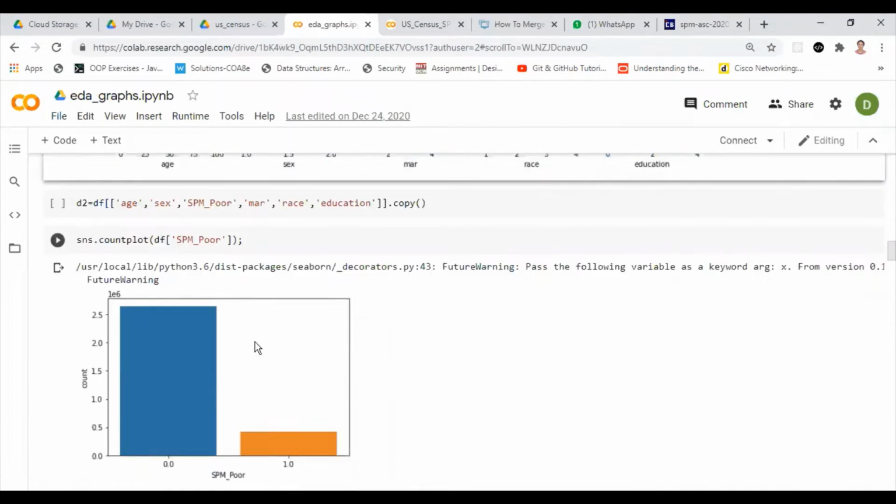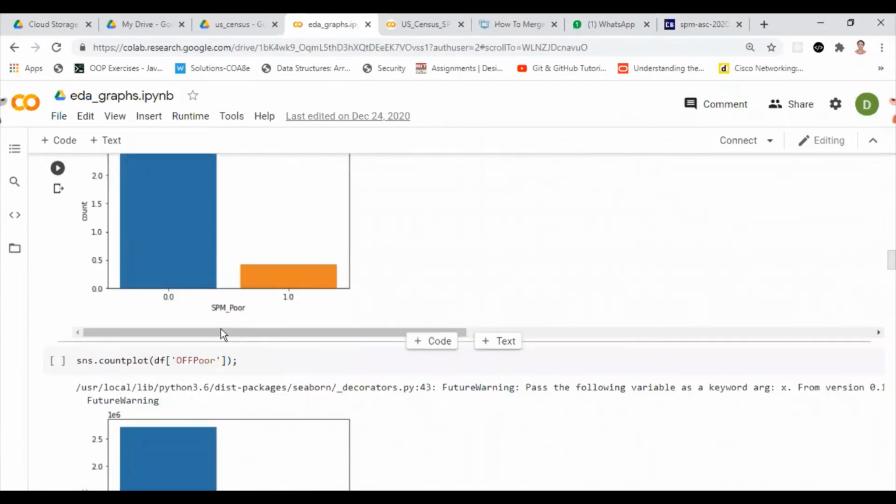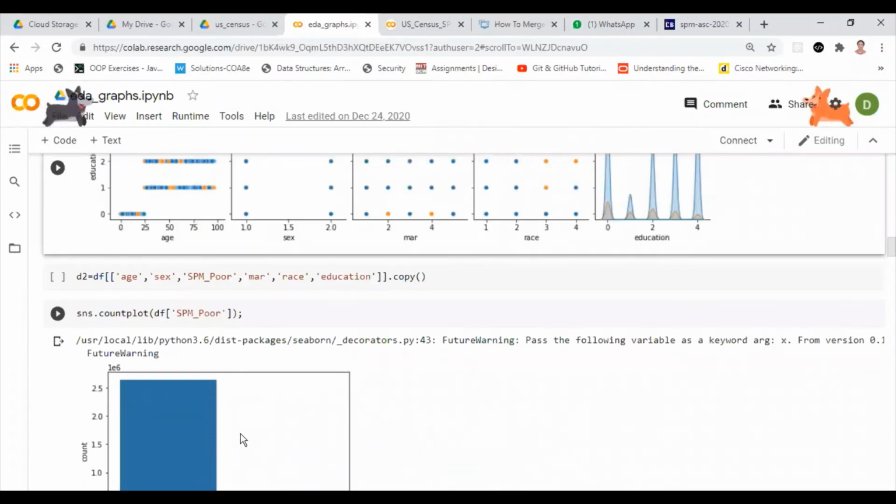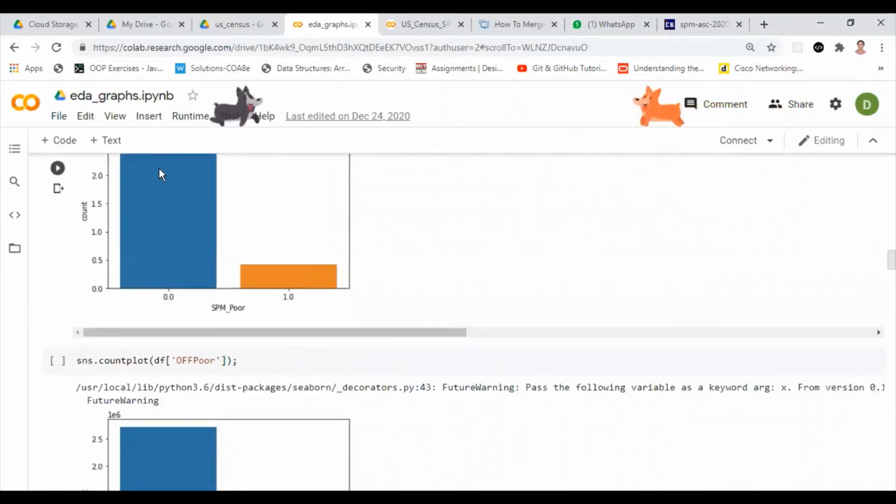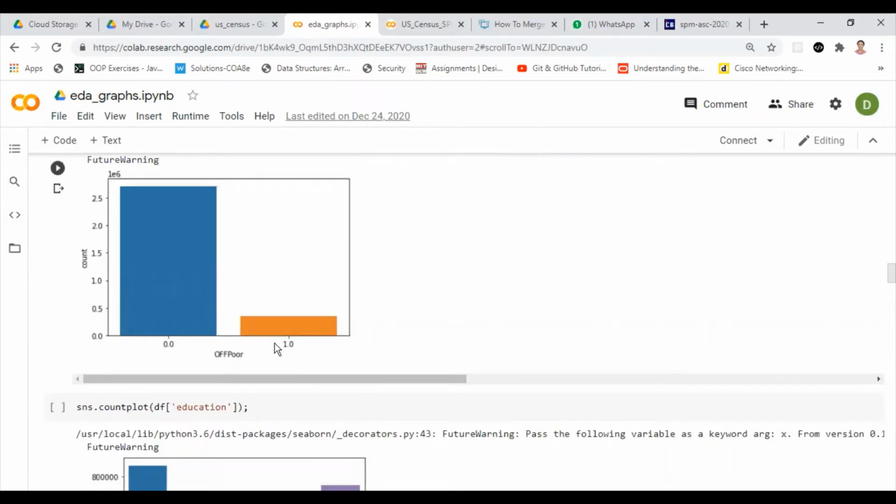We can also see the count plot of poverty, which is SPM poor. Here we can see that for every 2.5 non-poor persons, there is almost 0.4 poor person, which means that almost 1/6 of the population can be categorized as poor when we take the supplementary poverty measures into account.